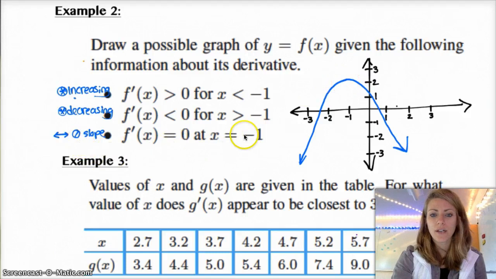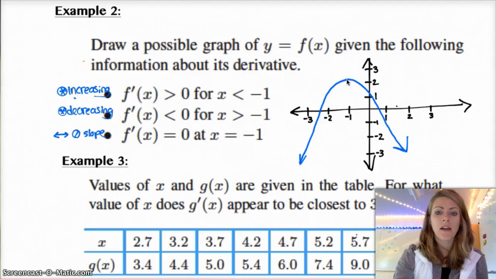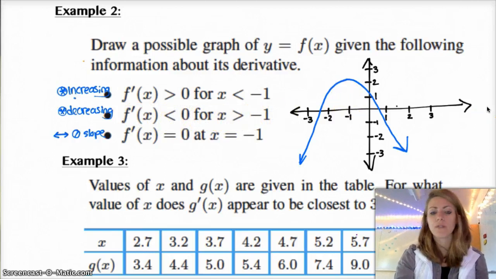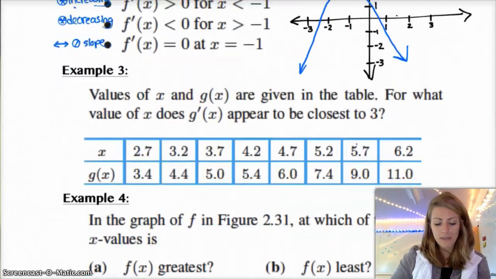At -1, I have a 0 slope, which means in this case it's a maximum. And so my function levels off, and then it turns back around and now has a decreasing slope, which is the second bullet here, that f prime has to be less than 0 when x is greater than -1. So anything to the right of -1 has to be decreasing. Okay, example 3.